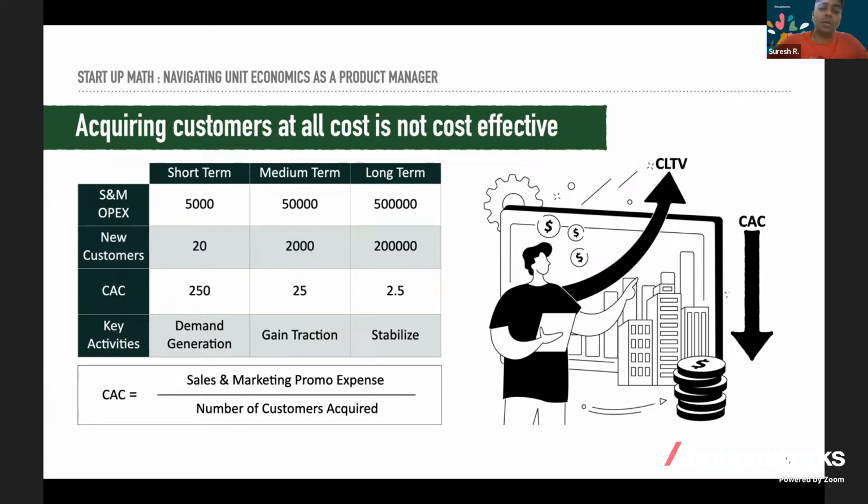Some people would also take the sales and marketing expense as a whole, but the only problem with that formula is that when we take our customer lifetime value, which we will see next, I would also take into consideration the marketing expenses for retaining customers.